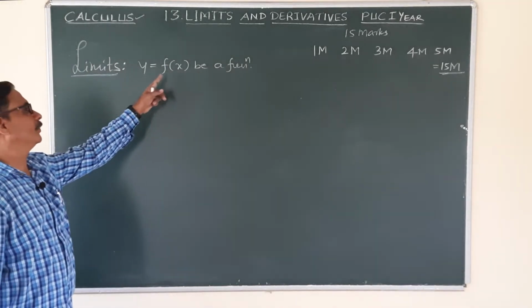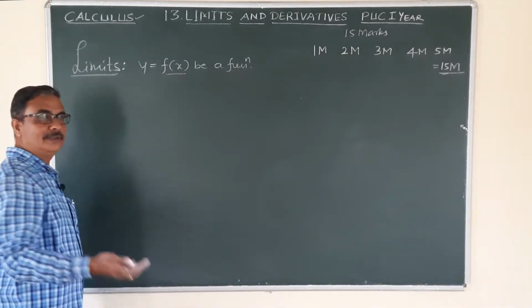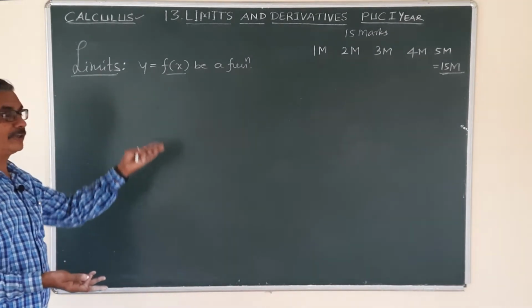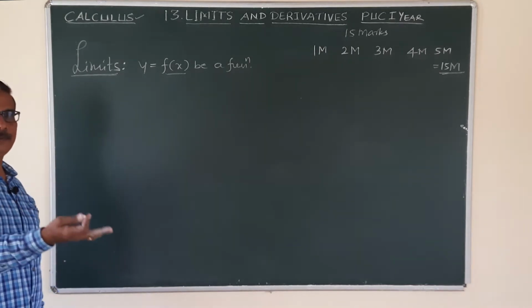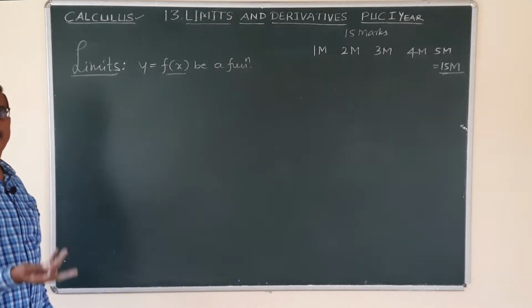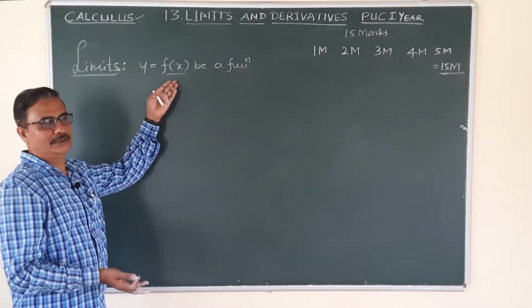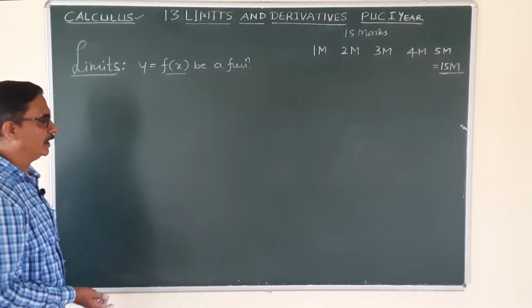That f of x may be algebraic, or logarithmic, or trigonometric, or exponential. Out of these 4, any one function may be given.